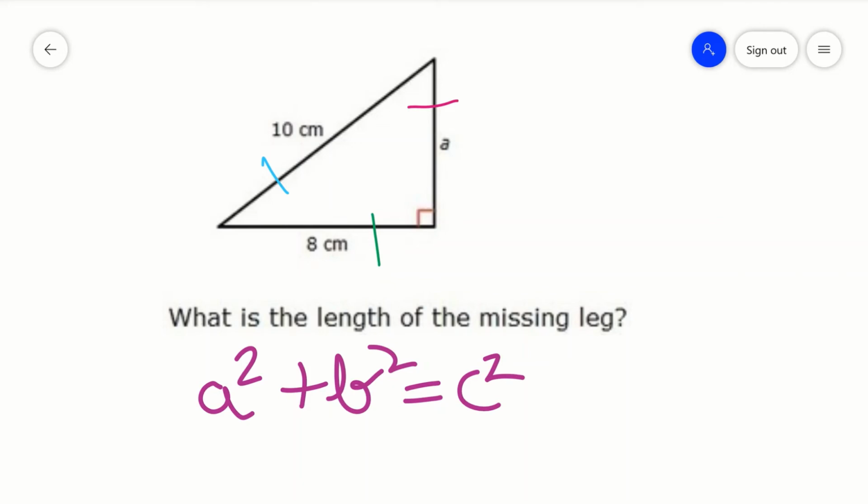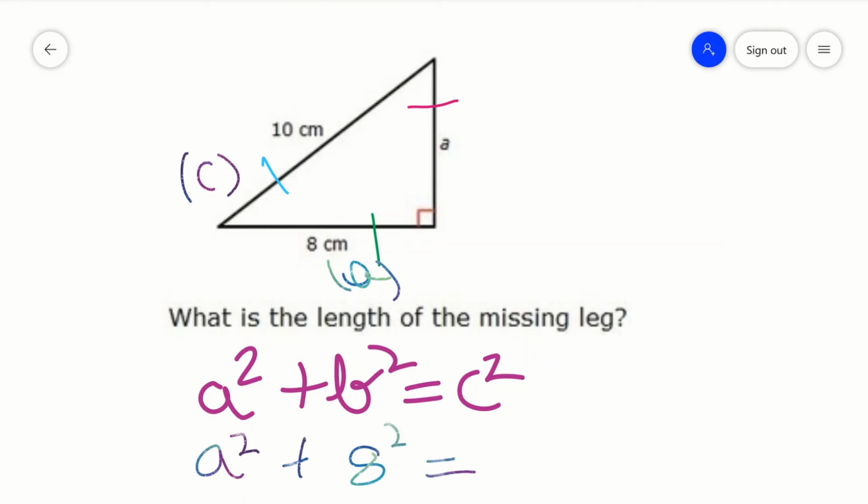Okay, so what is a square? The height is the a square. We don't know it, so let's leave it as a square. Plus b square. Let's take this as b and this as c. So b square is equal to 8 square, and c square is equal to 10 square.